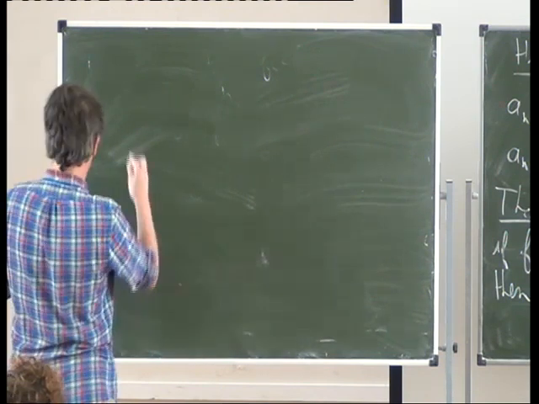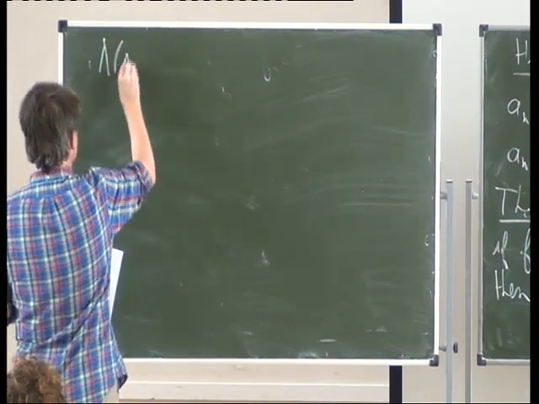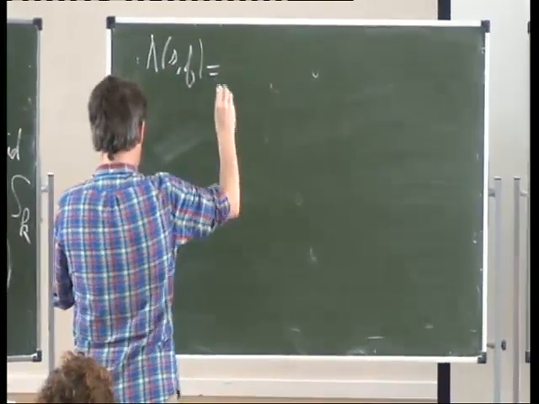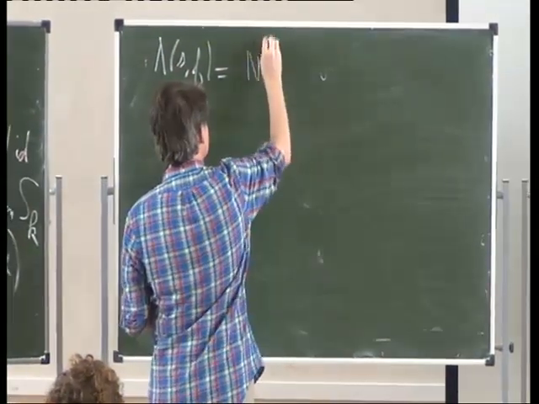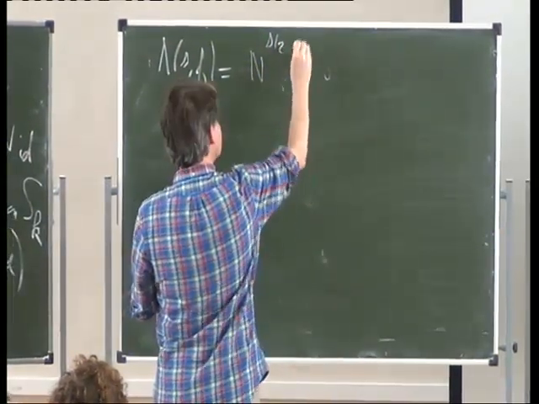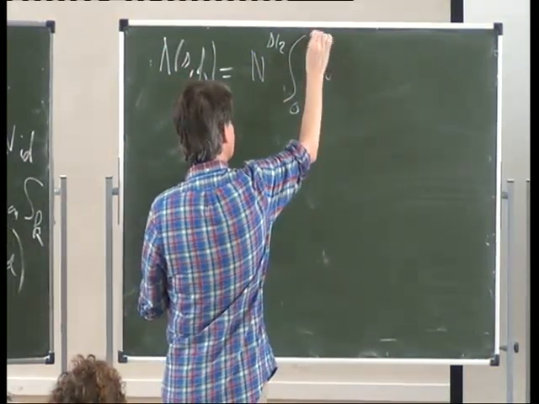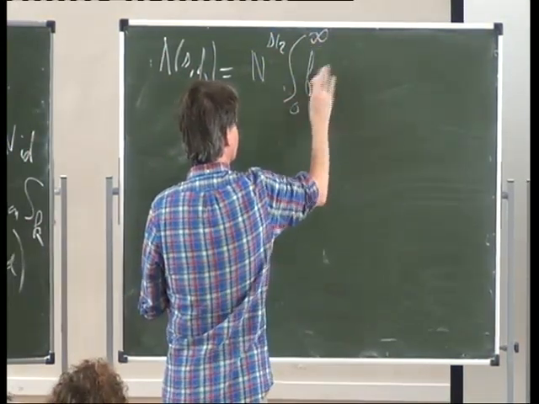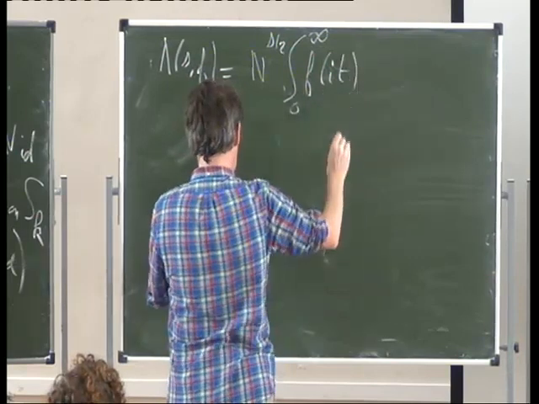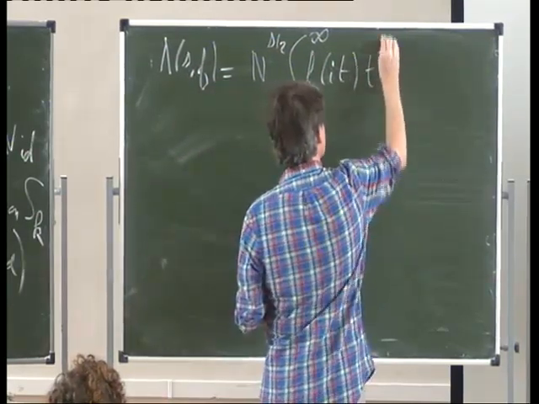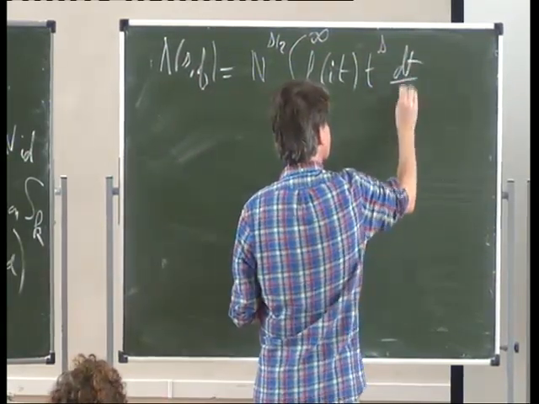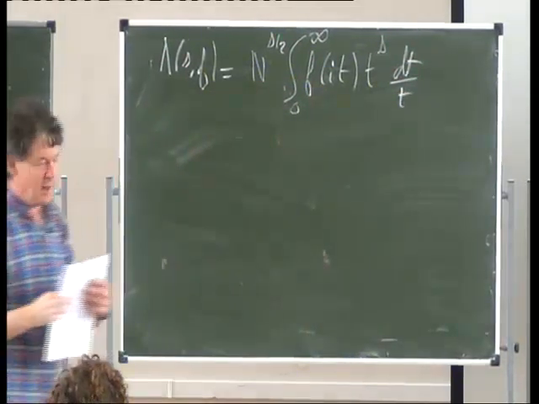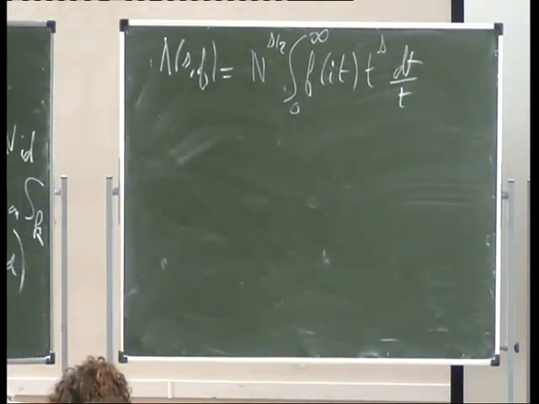The first thing to do is you write this like that. So you have the n^(s/2), and you have the integral of f(it) t^s dt over t. I skipped this part because it's almost the same as the computation I made.